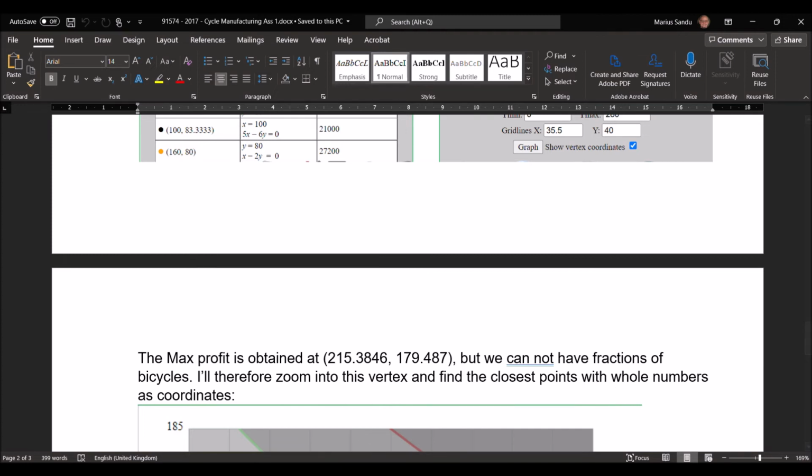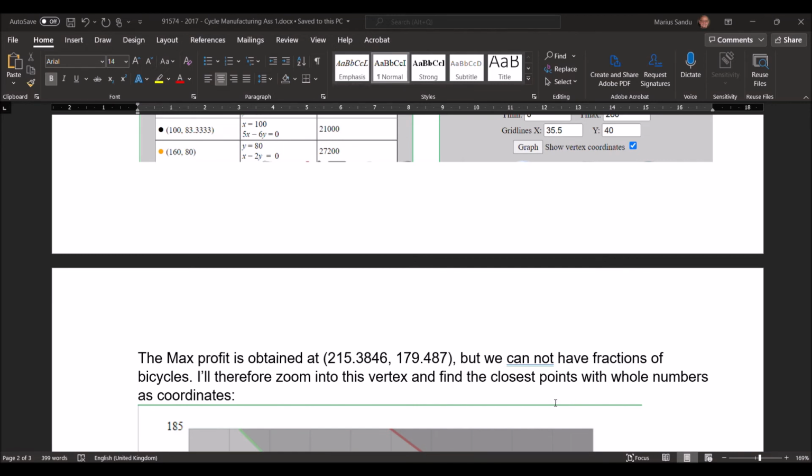All right, so we'll go back to here and I'll do the x, as this is 215, I'll do x between 210 and 220, and the y is 179, so let's do that between 175 and 185.